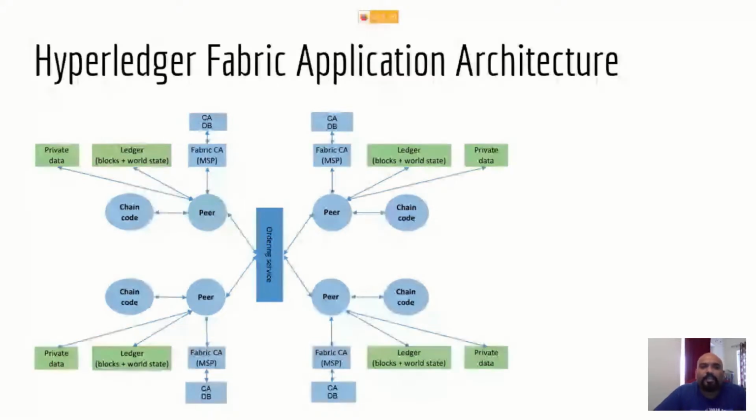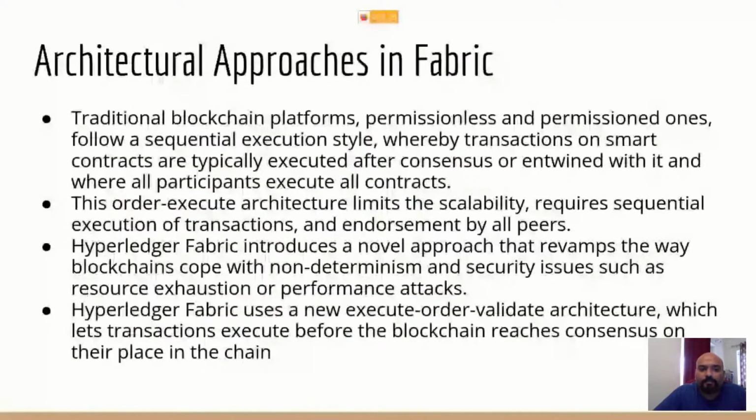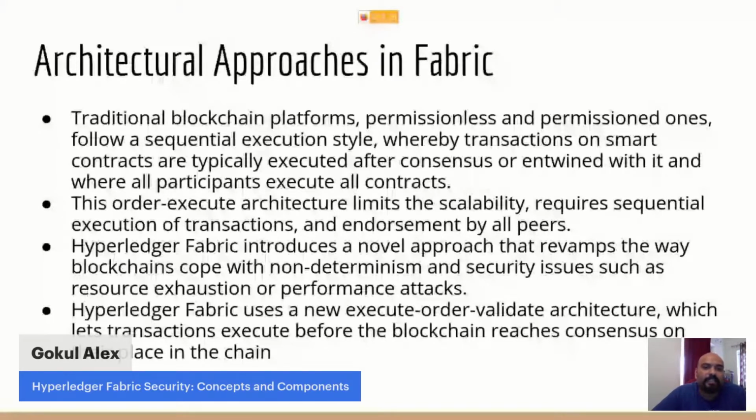Okay, so why is this architectural approach very different? What we have seen in Fabric, how is it very different? Traditional blockchain platforms, both permissioned and permissionless ones, follow a sequential execution style. Even if you look at permissionless systems like Ethereum, Bitcoin, Algorand, or Polkadot, or permissioned systems like Corda or Hedera Hashgraph, there is a sequential execution style.